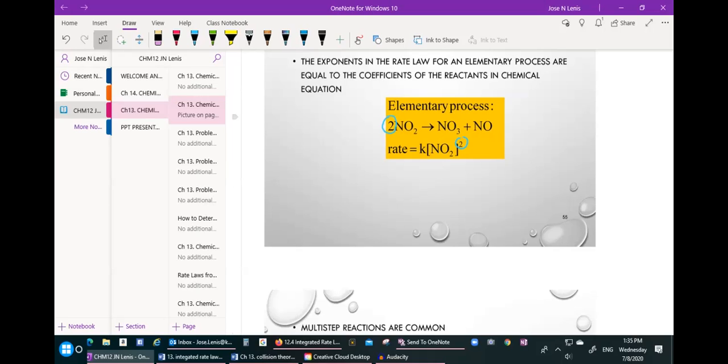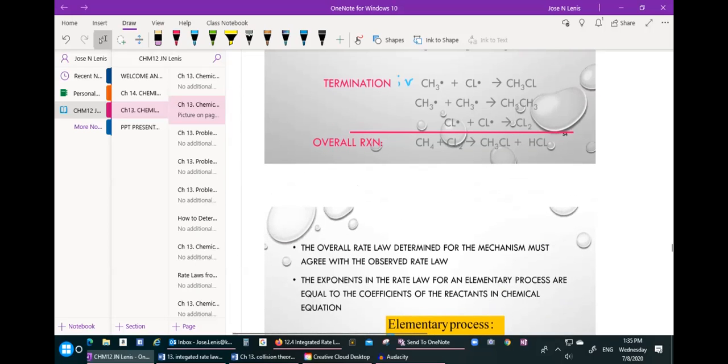My answer is yes, you're right. The rate law of an overall process, overall reaction, can be obtained only from experimental data.